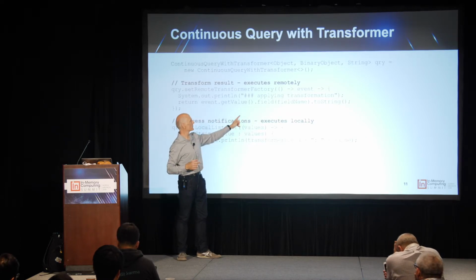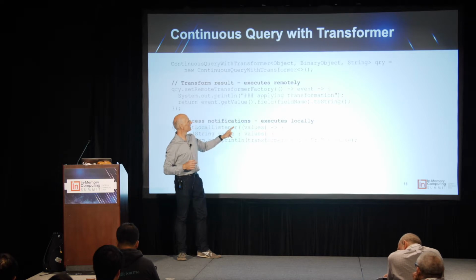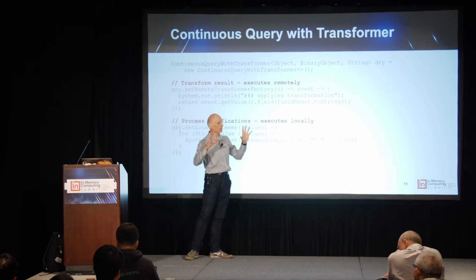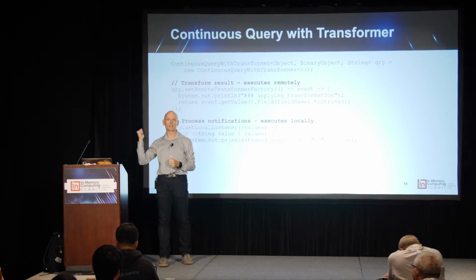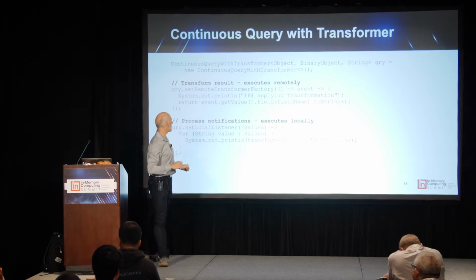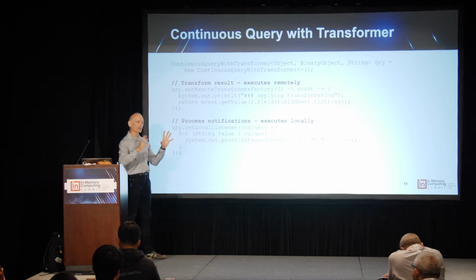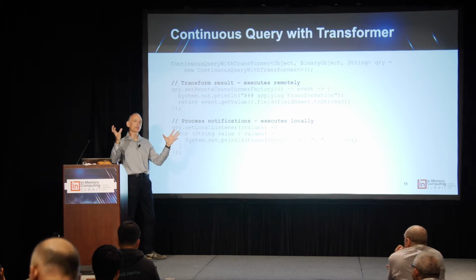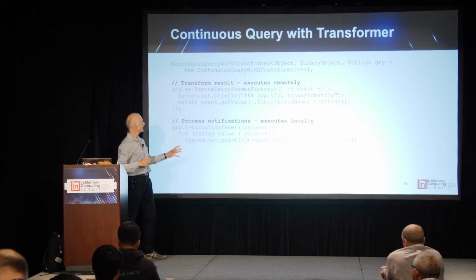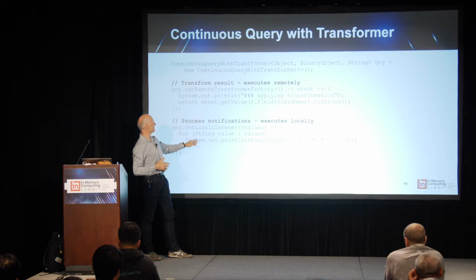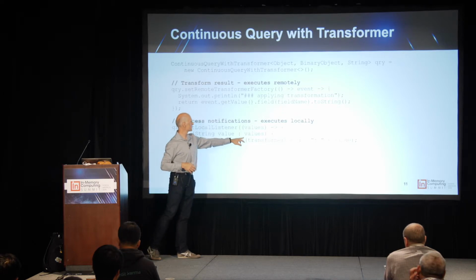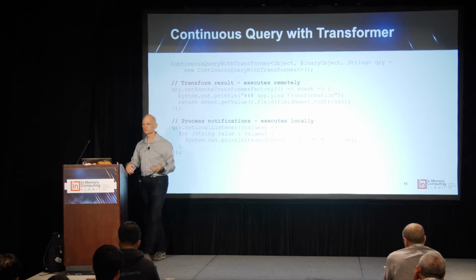Here I've got a string that I want to get. Whatever field name I've configured in my generic app, I'm going to send back the value of that field to the client. And then the app, instead of getting the whole cache entry event, all it gets is a string, so it can just iterate through whatever it's received and print out the string.